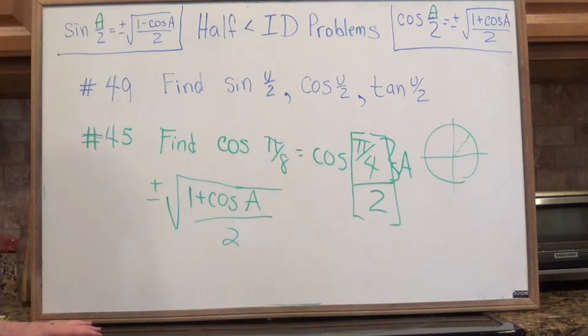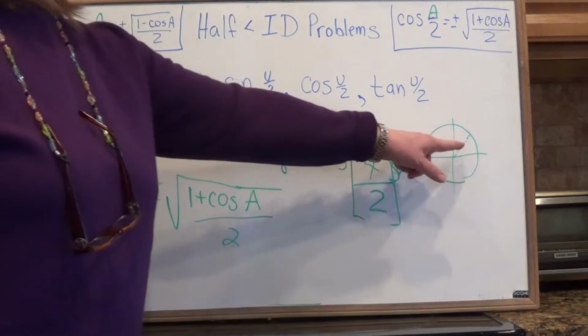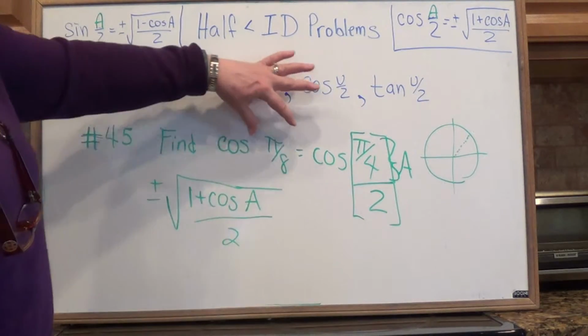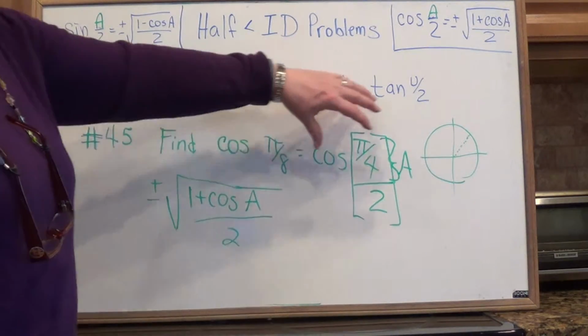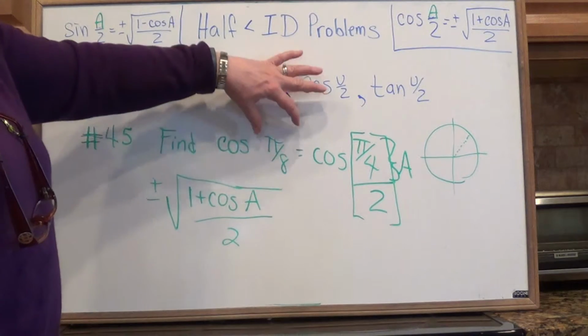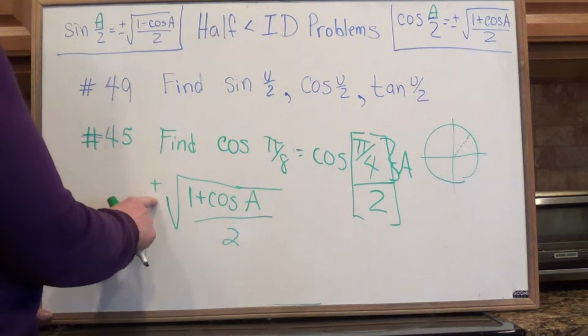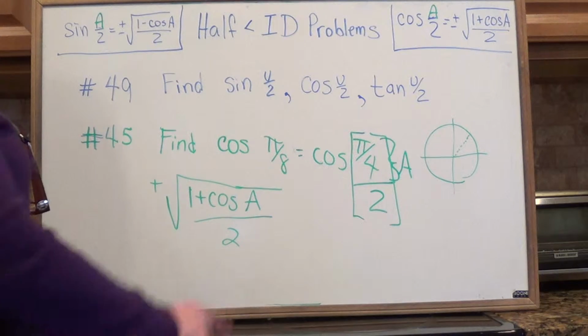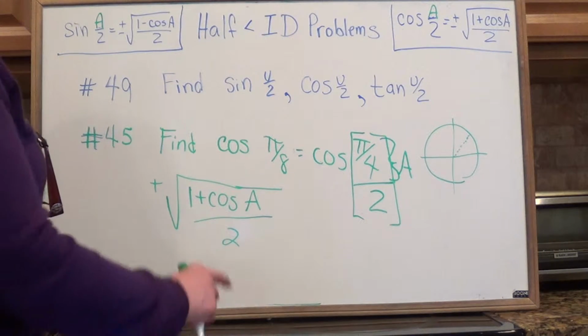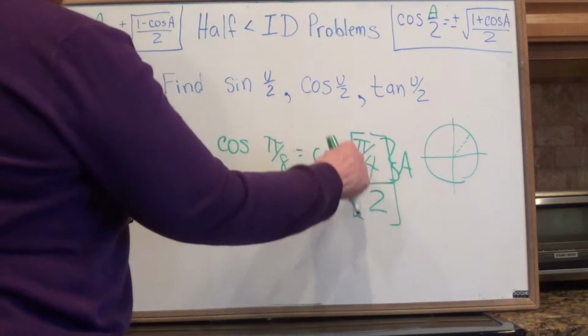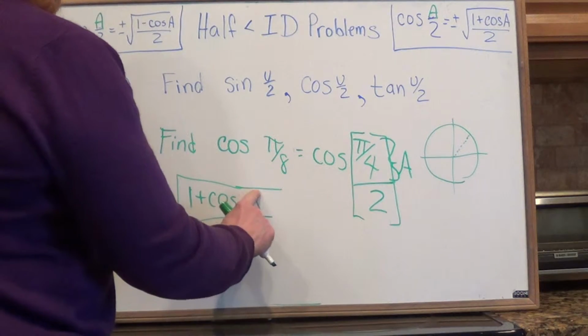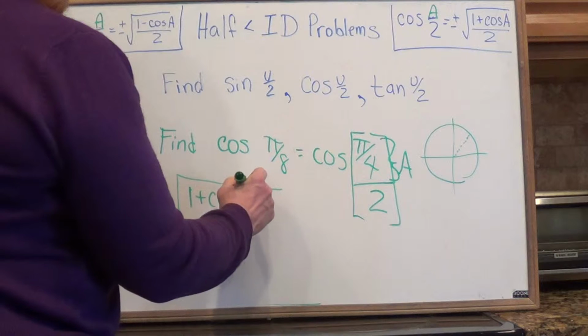Well, I expect to use a plus because we're in quadrant number 1. The original problem, not the doubled, but the original problem, pi over 8, is in the first quadrant. So we're going to choose the plus, where cosine is positive. Inside of here, a, as I mentioned, takes on the value pi over 4.